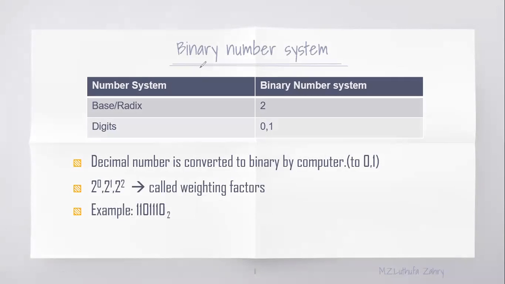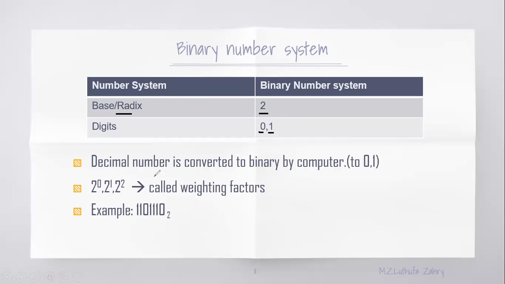Now we'll go to the binary number system. What you have to know is the base of the binary number system. The base of the binary number system is 2. As I said, there are only 2 digits, so the base will be 2.